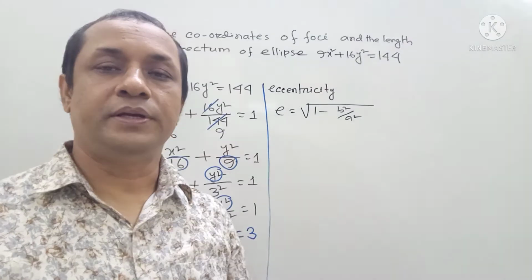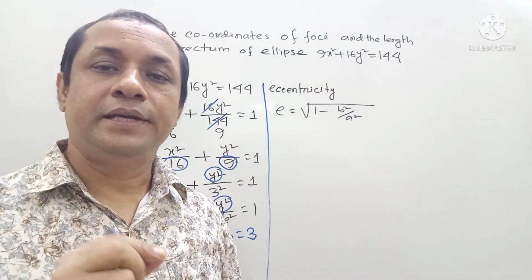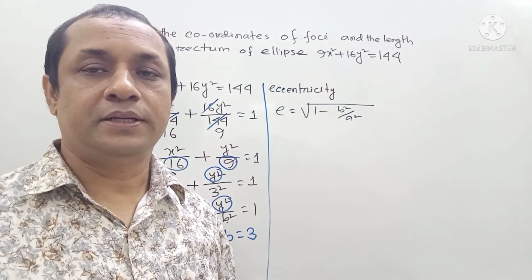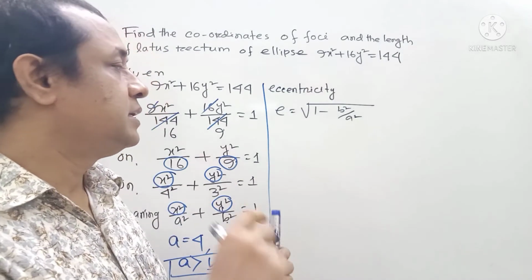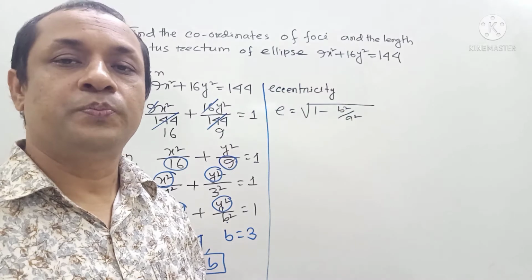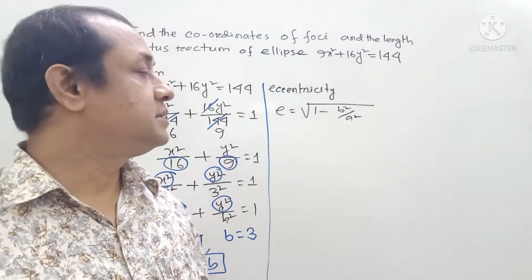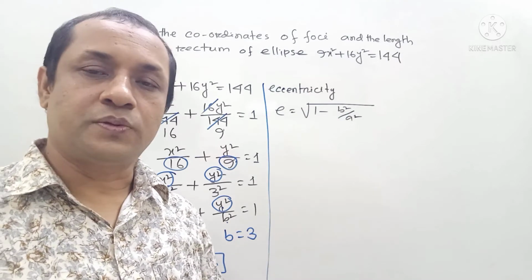If a is greater than b, then eccentricity e equals root over 1 minus b square by a square. So memorize it, students.